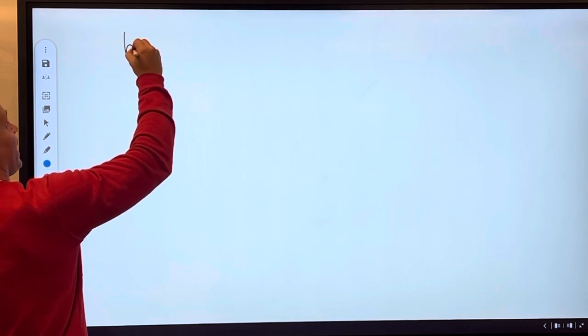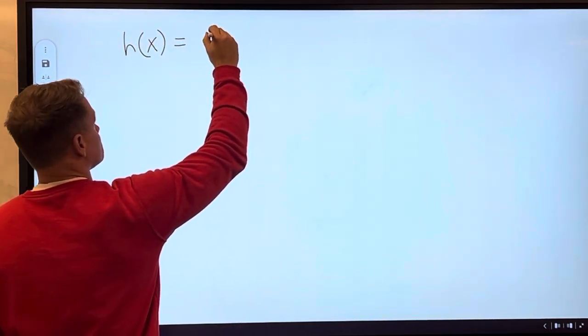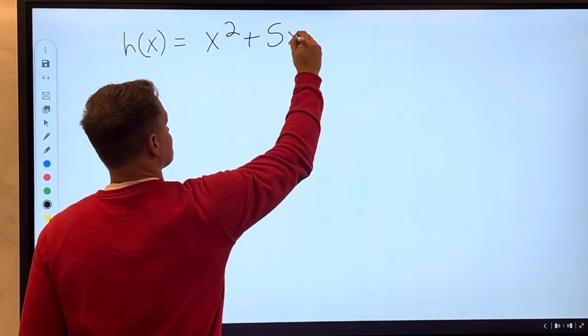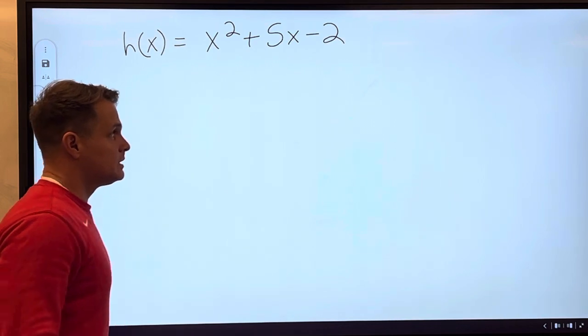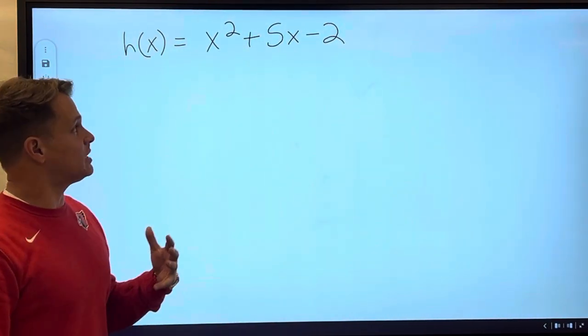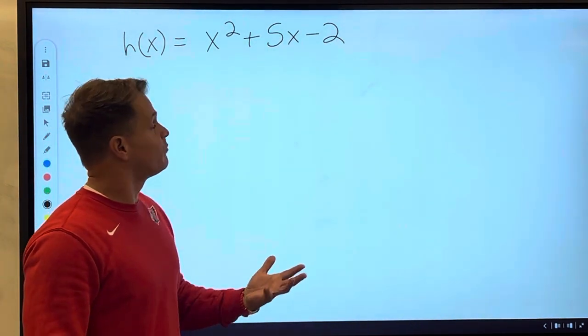Let's say we have h of x equals x squared plus 5x minus 2. And let's say we're looking for h of x when x equals negative 4, for example.